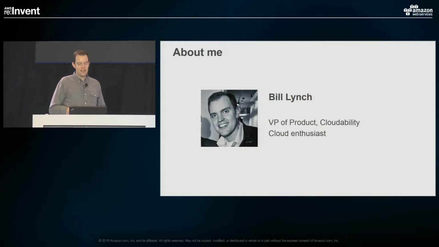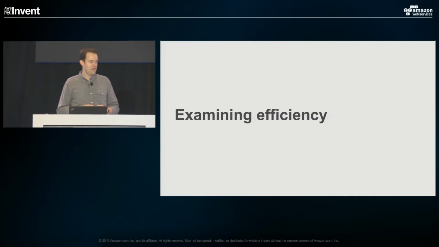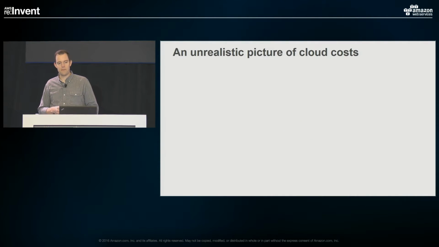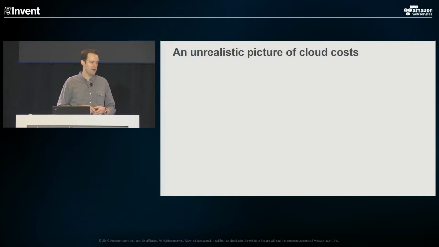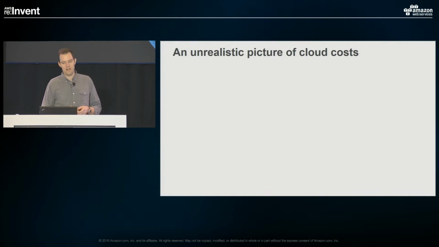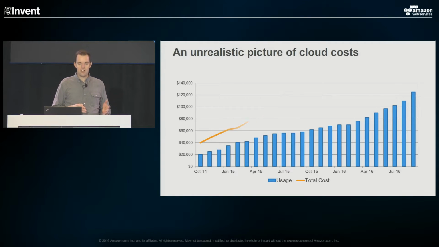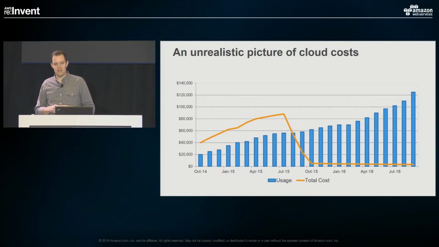All right, so there's a lot of different aspects of efficiency, and let's dive into what we actually mean when we're talking about cost efficiency. To illustrate some of this, I want to start with an unrealistic picture of cloud costs. When you're looking at cloud costs, usually you're looking at some measure of usage, some measure of price and costs.